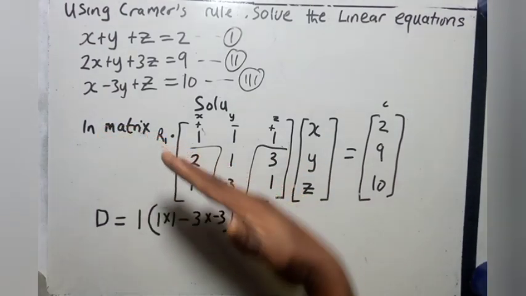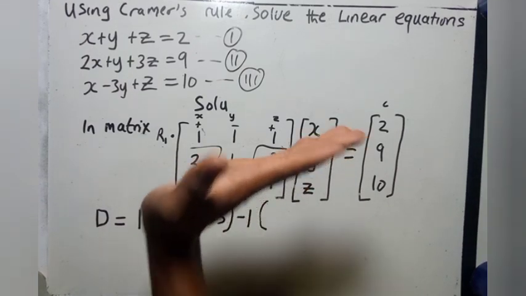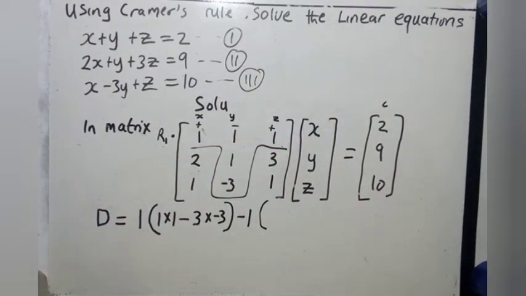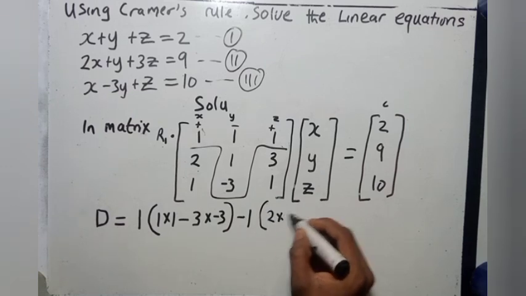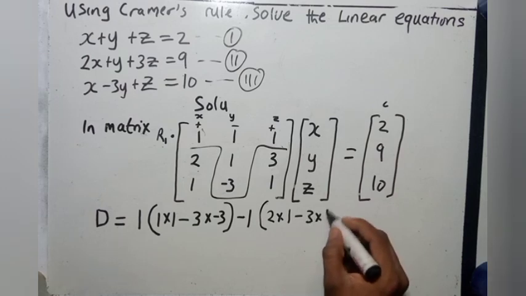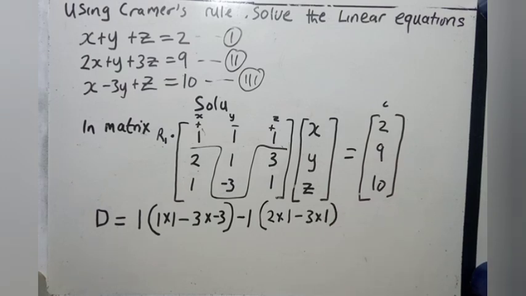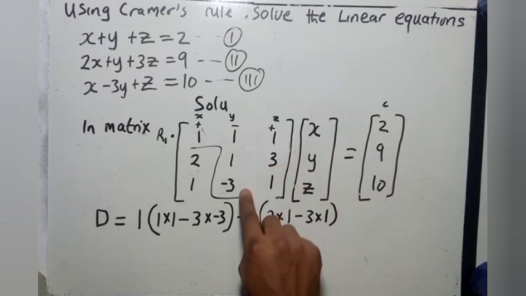Remember, your main diagonal will multiply themselves and subtract the product of the minor diagonal. Now when we do that, we have 2 times 1 minus 3 times 1. We also do the same thing for the z part.